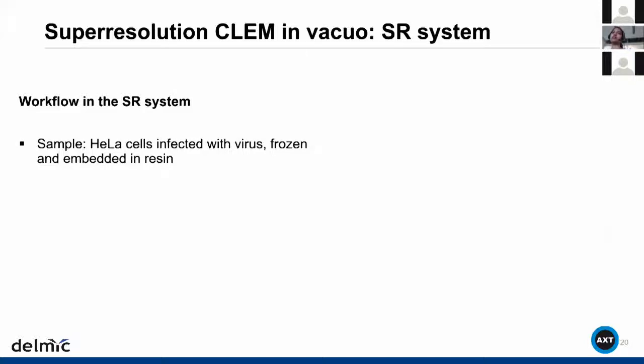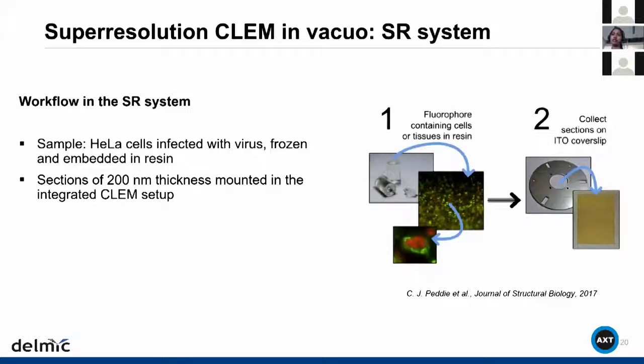The sample is HeLa cells, which have been infected with virus and then frozen and embedded in resin. And 200 nanometer thick sections were cut and mounted in the integrated setup in the super resolution microscope. The sample holder that you see here is the same one that I showed on the standard system. The sections are cut and placed on an ITO cover slip and mounted on this holder. This holder then fits onto the super resolution system.